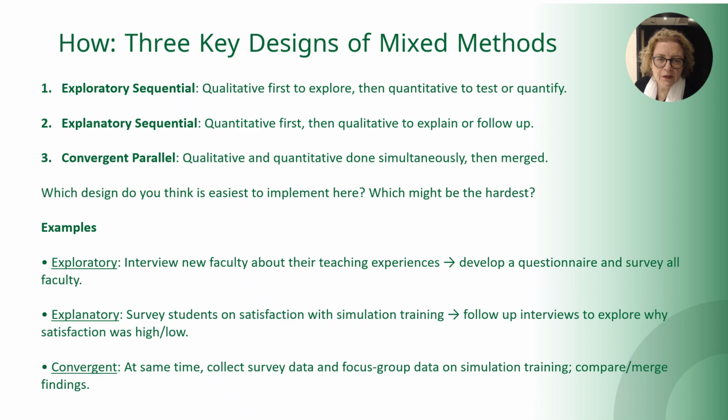Convergent, when you do things at the same time: maybe you collect data in a general survey, and you also have focus groups, and you compare the findings. So it's entirely up to you, but try and get some logic, quotations and citations that explain why you're doing one and not the other two.